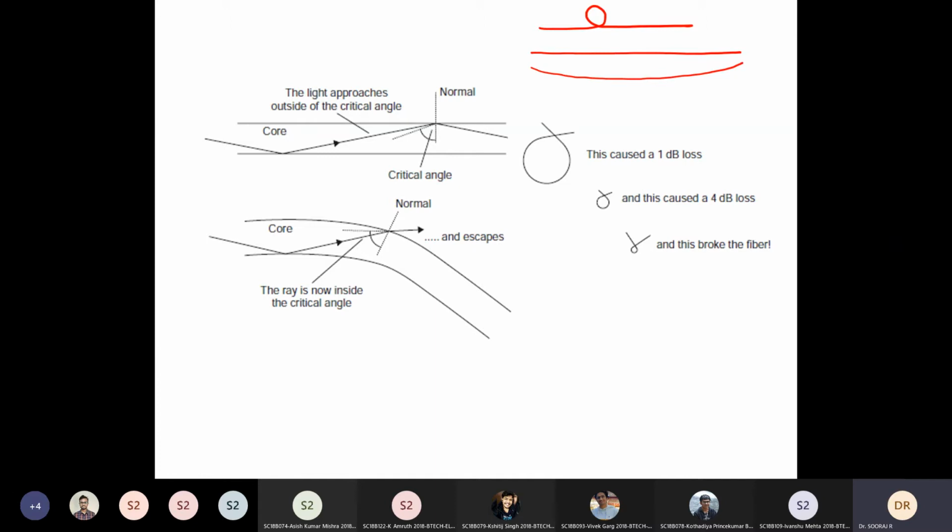So these are some of the points you need to consider whenever you are laying an optical fiber. Losses have to be minimized, for which it's preferable to keep the optical fiber in a straight line. However, not exactly a straight line. Some kind of bending is always allowed, but not too much. All right, any questions?